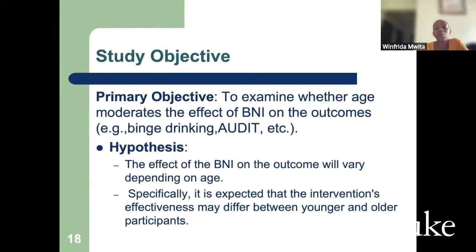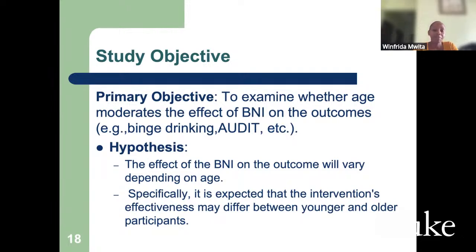An example would be a study looking at the effect of brief negotiation intervention on outcomes among patients with alcohol-related injury. One of the outcomes, let's say, is binge drinking days or AUDIT. You can have a hypothesis that we expect the effect of the intervention to differ according to age group.